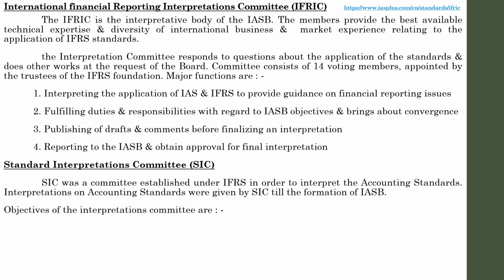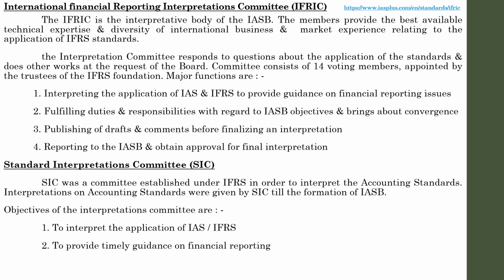So what are the objectives of the Interpretations Committee? First one, to interpret the applications of International Accounting Standards, otherwise known as IAS, and IFRS. I believe you know what is the difference between IAS and IFRS. The main activity of SIC was to interpret the standards issued by either of these two. Next one, to provide timely guidance on financial reporting issues that are not specifically addressed in IAS and IFRS.